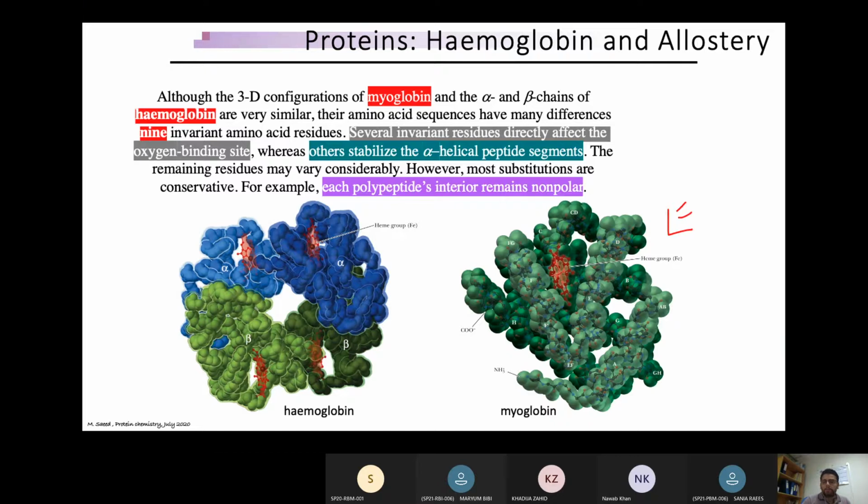In fact, the non-polar amino acids present in this myoglobin protein could bind the heme non-covalently and could affect the oxygen binding of this overall protein.